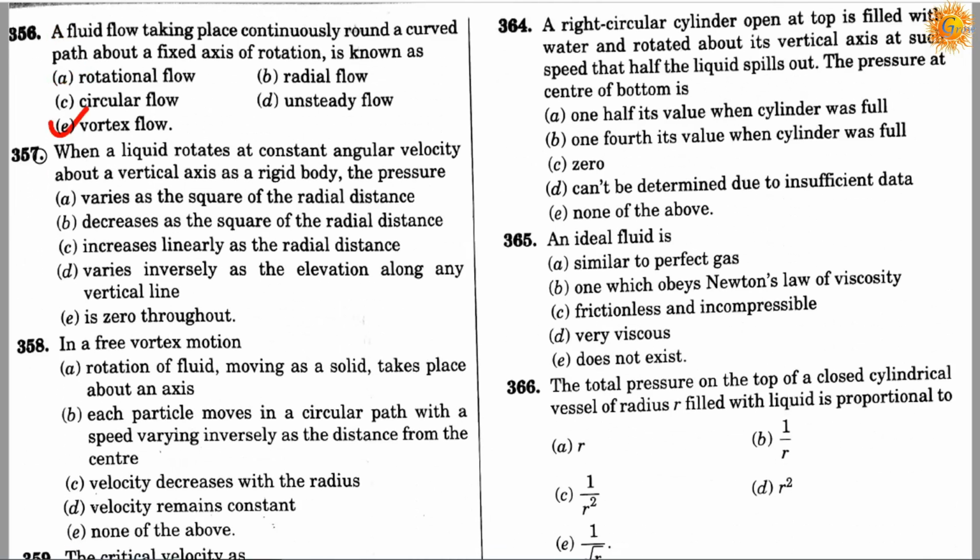Question number 357. When a liquid rotates at constant angular velocity about a vertical axis as a rigid body, the pressure will: option A, vary as the square of the radial distance; option B, decrease as the square of the radial distance; option C, increase linearly as the radial distance; option D, vary inversely as the elevation along any vertical line; option E, be 0 throughout.